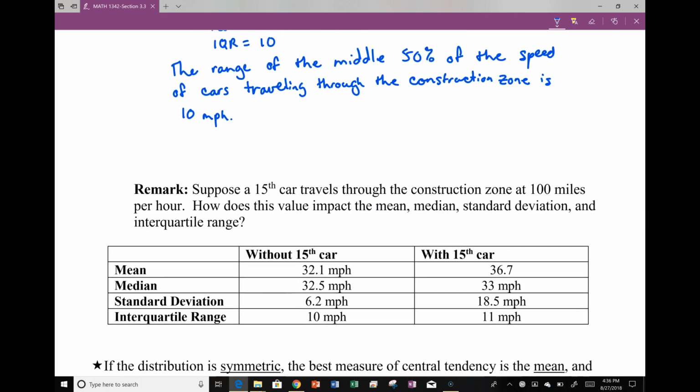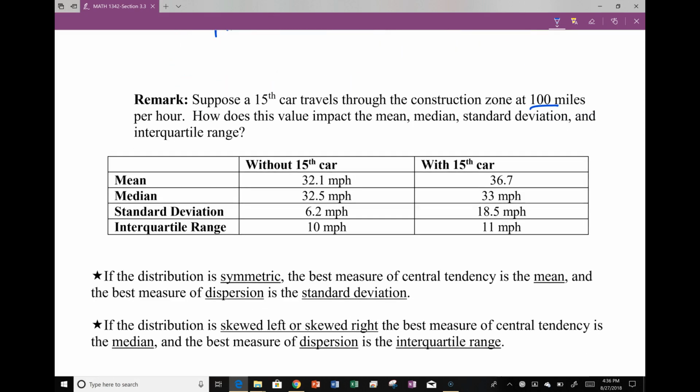Now suppose that a 15th car travels through the construction zone at 100 miles per hour. How does this value impact the mean, the median, the standard deviation, and the interquartile range? What I've done here is I have actually calculated the mean without the 15th car, in other words, our original 14 data values.